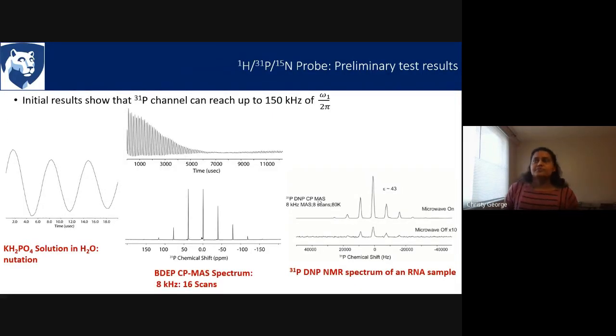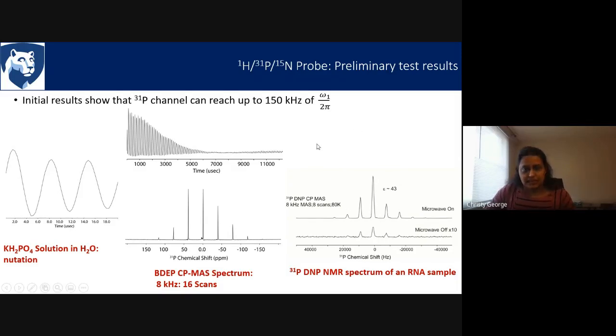Now, of the two probes which we have built, the proton carbon nitrogen probe was completely done and characterized, and we have done a number of experiments using that probe, and I will show the results shortly. The second probe that I built was almost done, but of the 3 channels, the proton and phosphorus channels were working very well, and I could collect some preliminary data, including some DNP experiments.